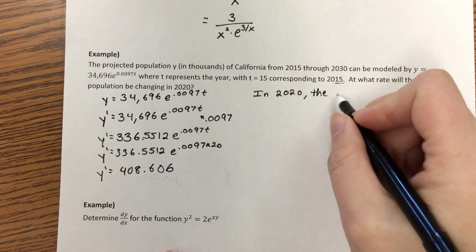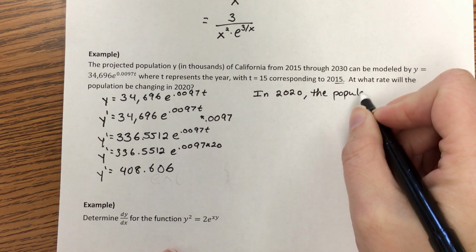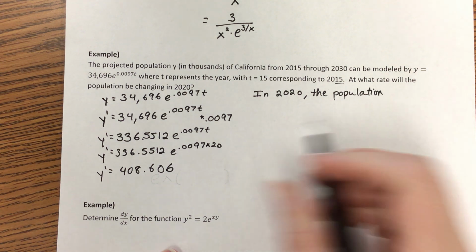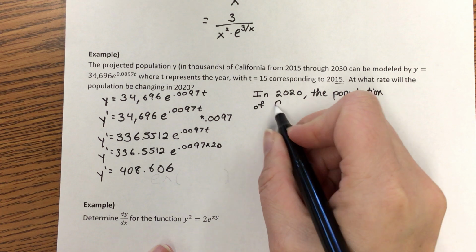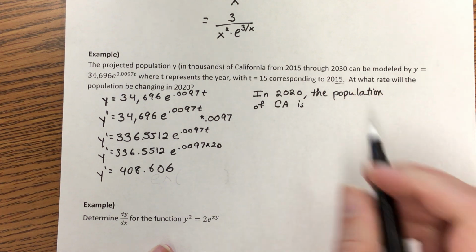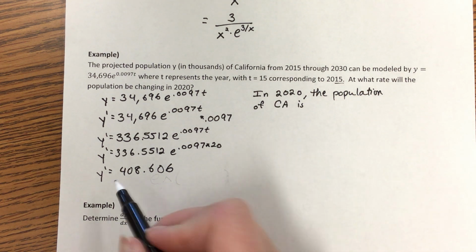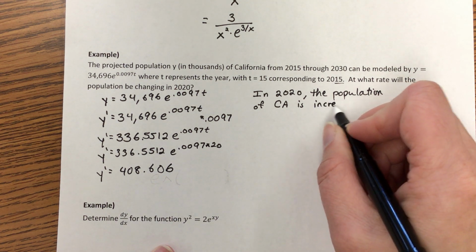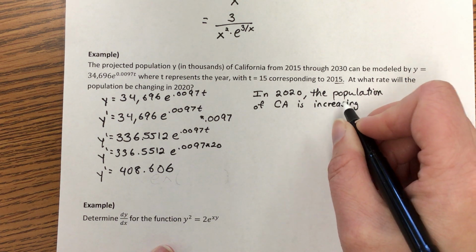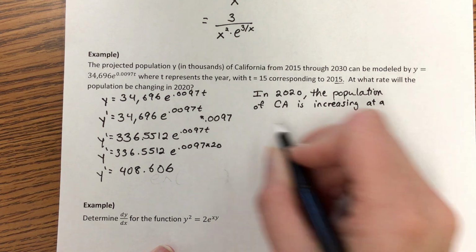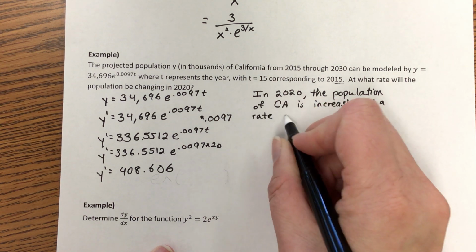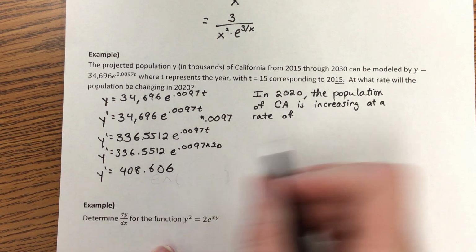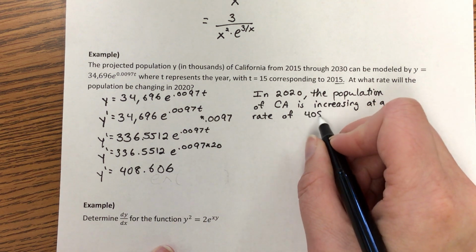The population of California is, you have to say increasing or decreasing. Since the 408 was positive, we're going to say increasing at a rate of 408.606.